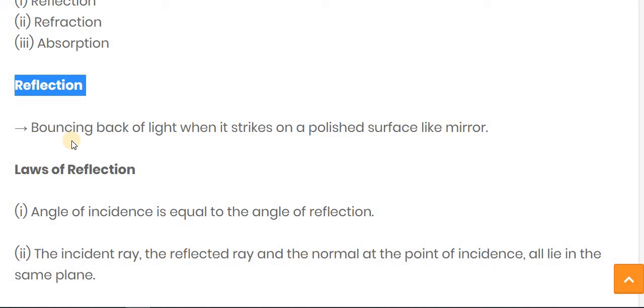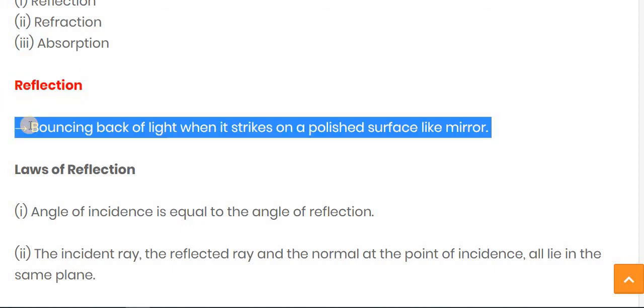In that condition, it is called reflection. Reflection means the bouncing back of light when it strikes a polished surface like a mirror. Then it is called reflection.